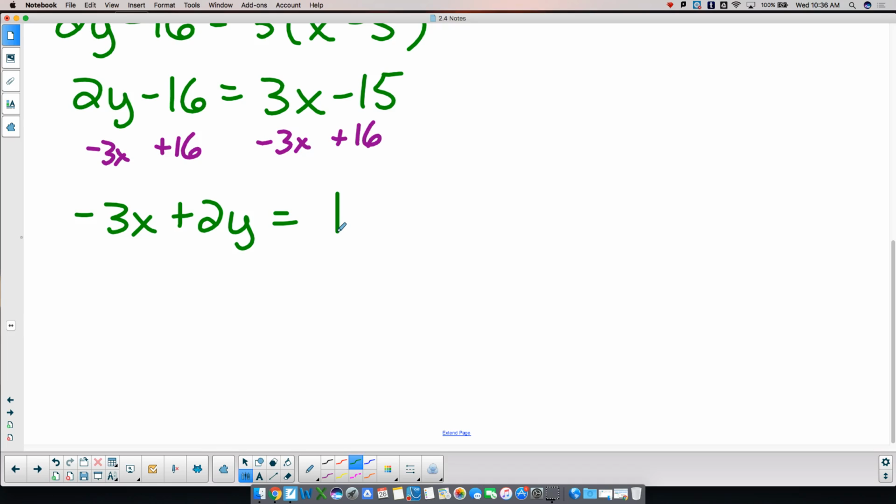Second condition of standard form is a has to be positive, right? Do I have a positive? Nope, so I got to change all of the signs. So the answer for letter A is 3x minus 2y equals negative 1.